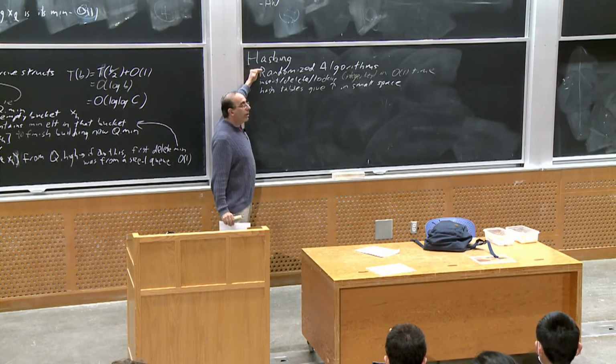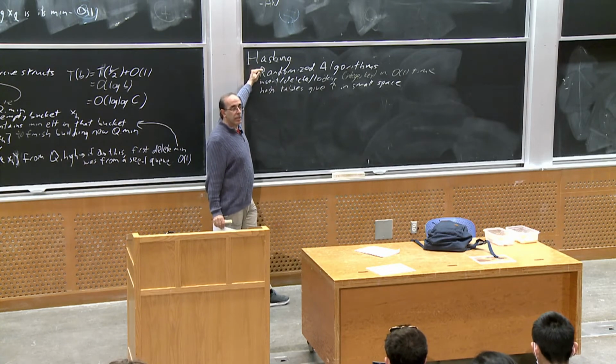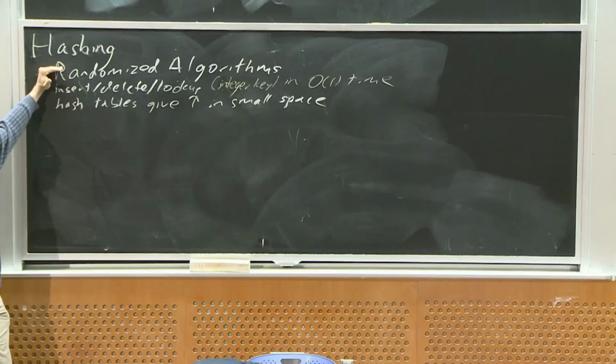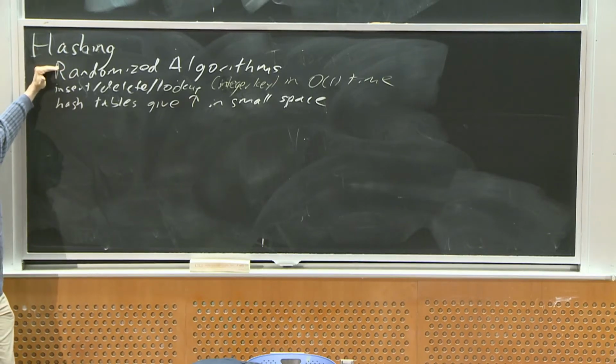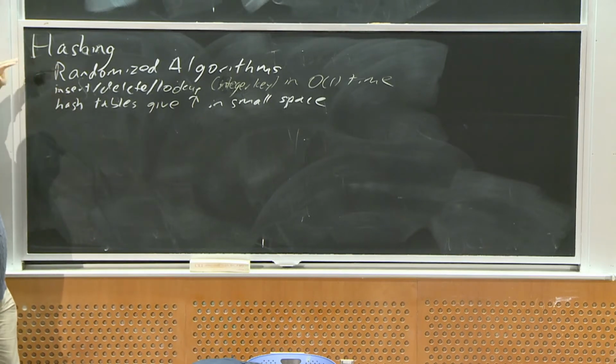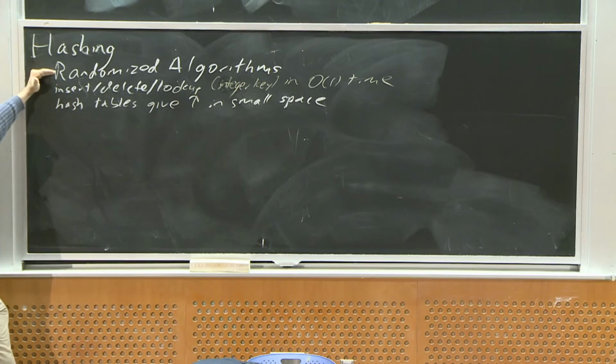So what do I mean by randomized algorithms? Well, I teach a whole course on this, which I encourage you all to take the next time I teach it. It probably won't be this spring. The idea of randomized algorithms is what you can do to improve the performance of your algorithms by having those algorithms flip coins while they're running.